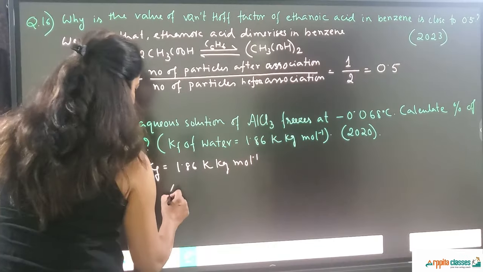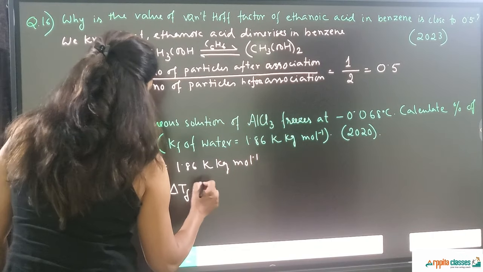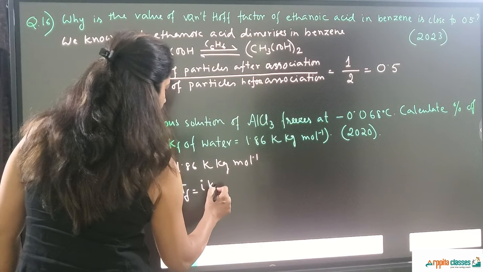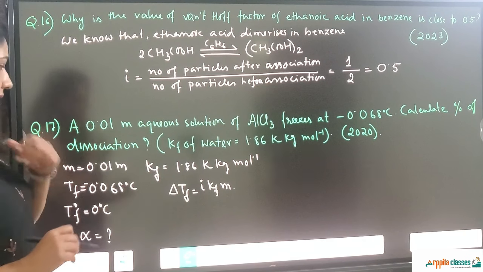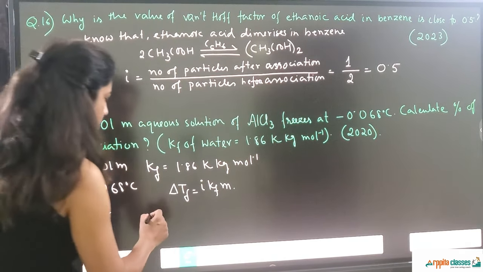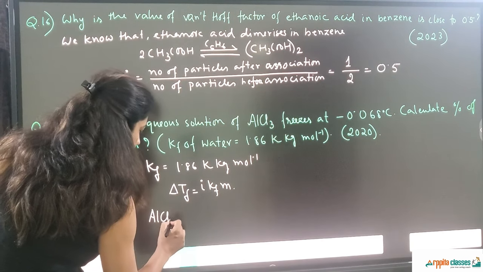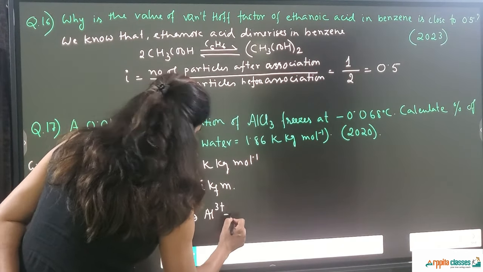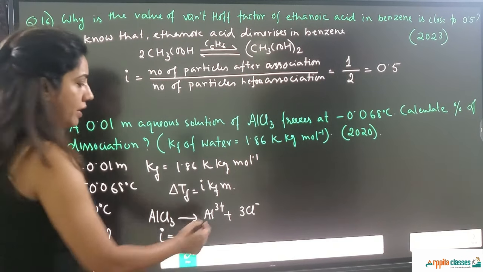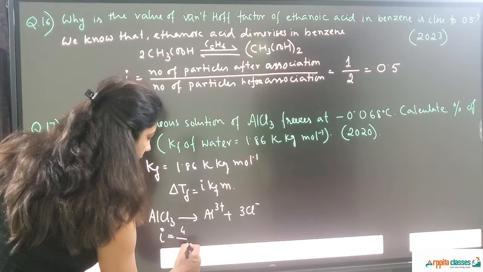So we know the formula, that is delta Tf is equal to i into Kf into small m. It is AlCl3. So when AlCl3 dissociates, we get Al3+ and 3Cl minus. So here i is equal to 3 plus 1, 4 particles divided by 1.